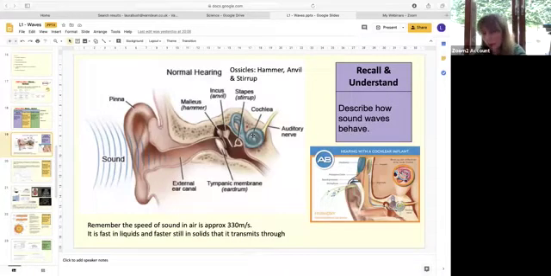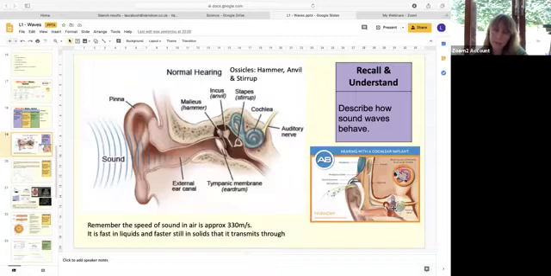Interestingly, not part of your physics GCSE, but I thought let's link it back to the biology. Hearing with a cochlear implant is where you have, and you'll see people who've got a cochlear implant, they'll have something attached here onto their skull, and then on the inside, the implant, which is actually magnetic, attaches on the other side, and the electrode directly stimulates the auditory nerve.